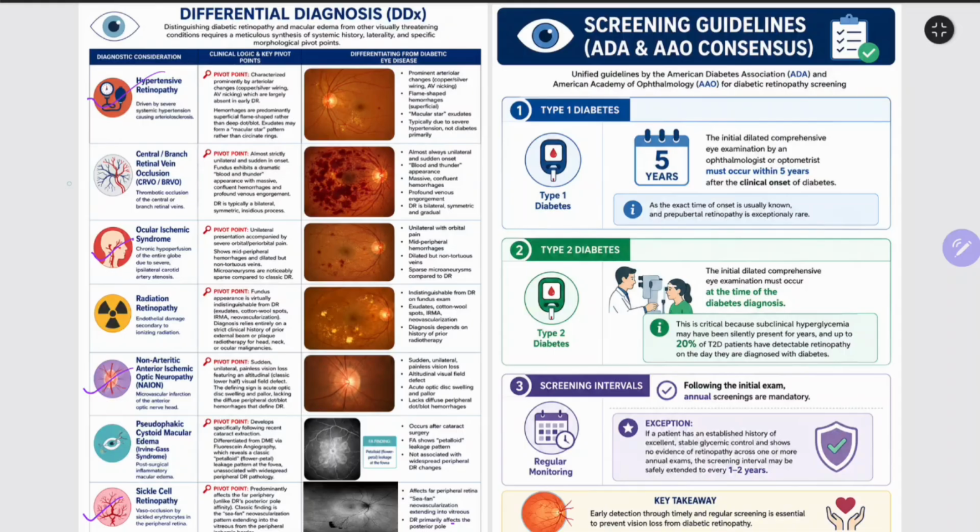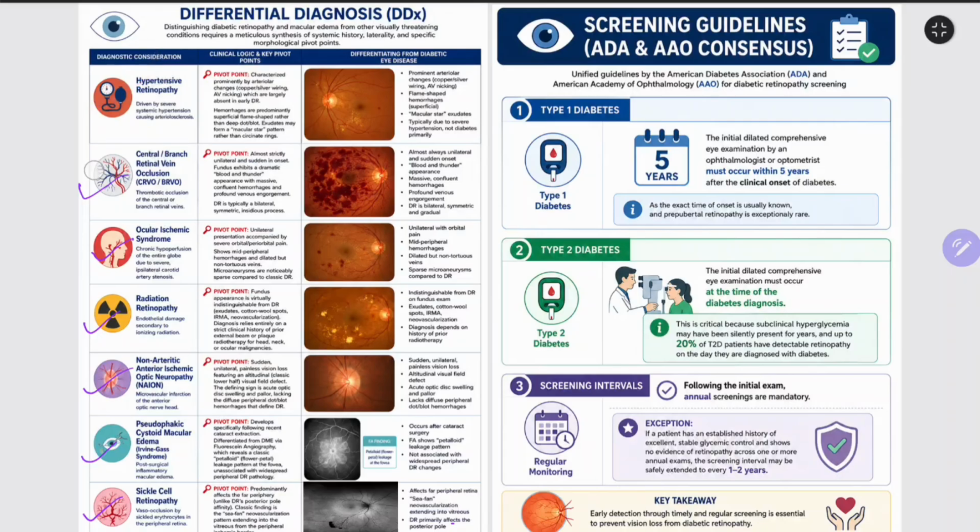Then the venous cause is CRVO and branch retinal vein occlusion. Third is radiation retinopathy, and fourth is an inflammatory cause, that is cystoid macular edema post cataract surgery. So remember like this: four are arterial causes, one is venous, one is radiation, and one is inflammatory.